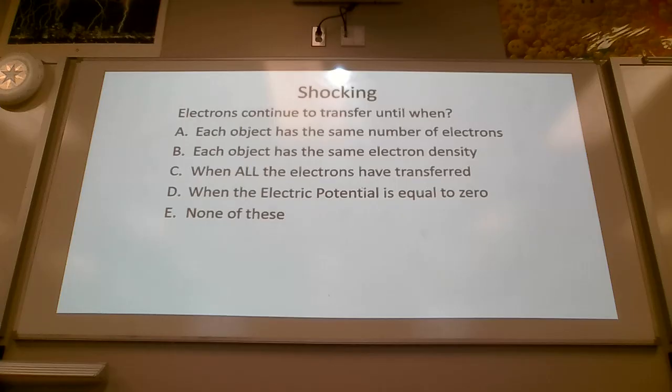If electrons were able to transfer, at what point would they stop transferring?